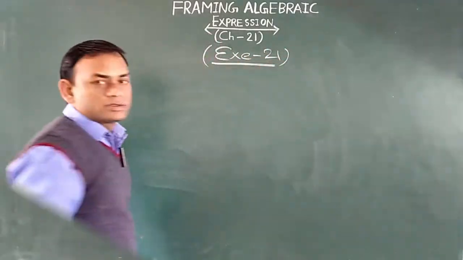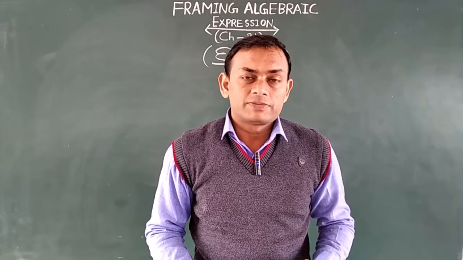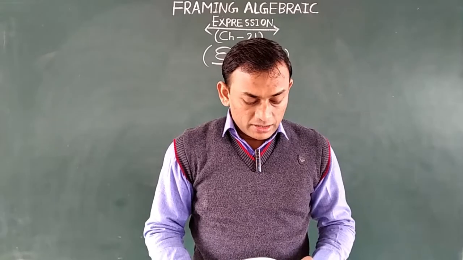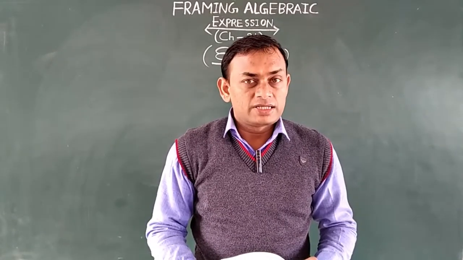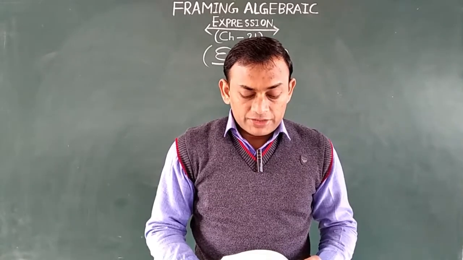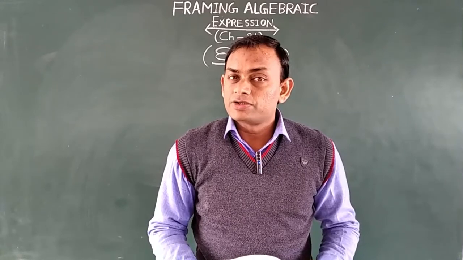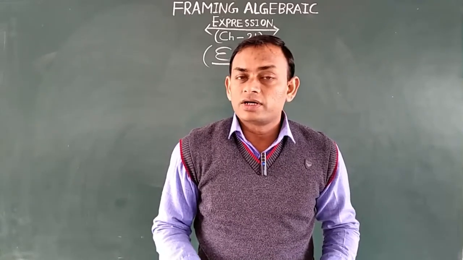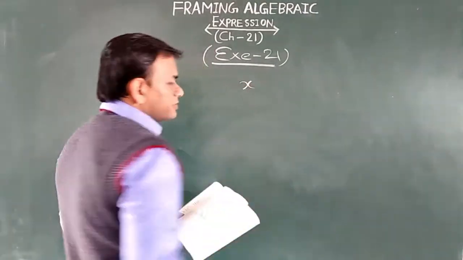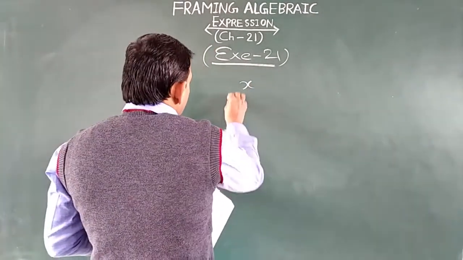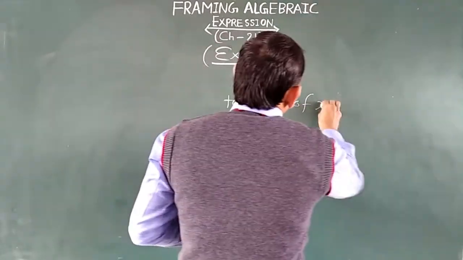Exercise 21. The first question of this exercise says you have to convert the given statement into algebraic form. The first part says the perimeter P of a rectangle is 2 times the sum of its length and its breadth. What is the meaning of 2 times and 3 times? As we say in Hindi, 2 guna, 3 guna, 4 guna. Suppose x is the variable and you have to write 2 times of x.